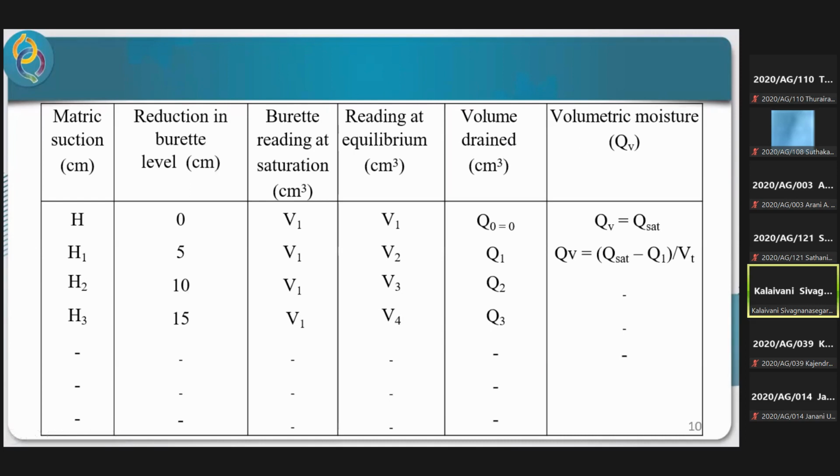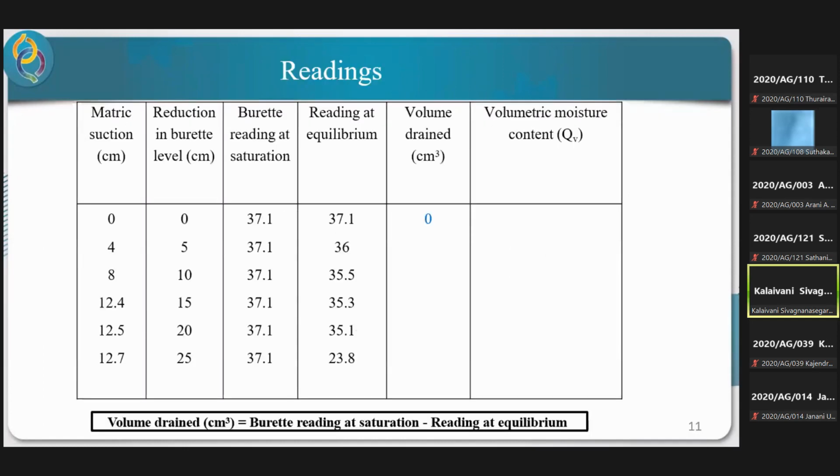So what is the equation to find out the volumetric water content of soil? Any idea? Equation?